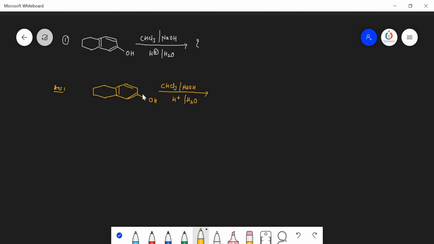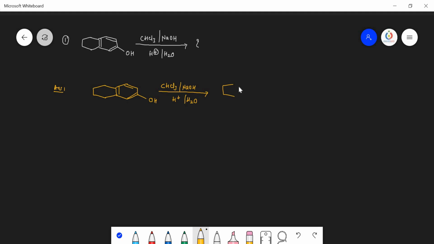The CHO group will come to the ortho position, either this position or this position. Both are ortho positions, but this ortho position is not preferable as it is a little bit crowded, so the CHO group will land over this position.